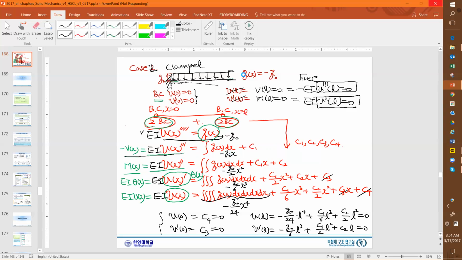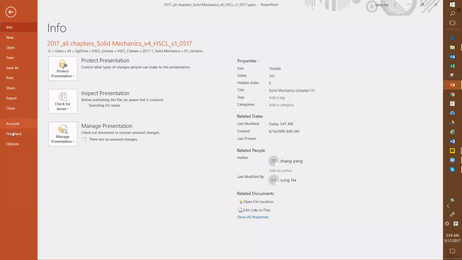For any given q(x), we can integrate the fourth derivative 4 times, which is not difficult at all. You can just straightforwardly integrate 4 times for any given q(x). And on the right-hand side, C1, C2, C3, C4 will be given like that. So we can use this method for any q. That's the one point.